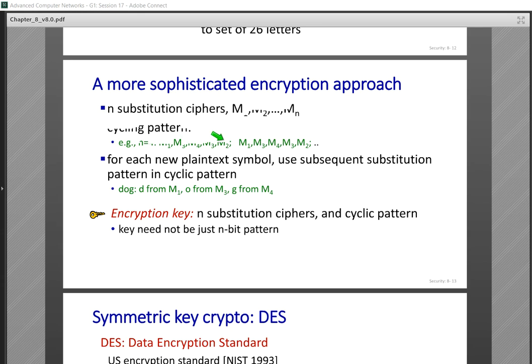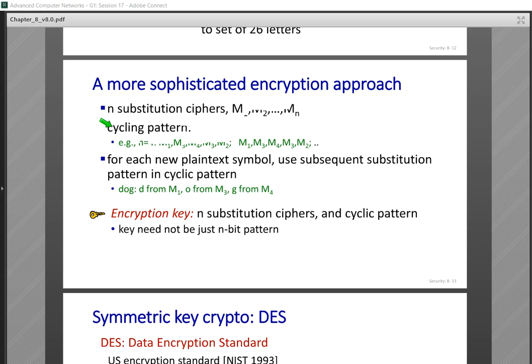You know, for each character, I'm using a specific substitution cipher. And I know that that substitution cipher is different from the others. So, one by one, character by character, I'm using different strategies.